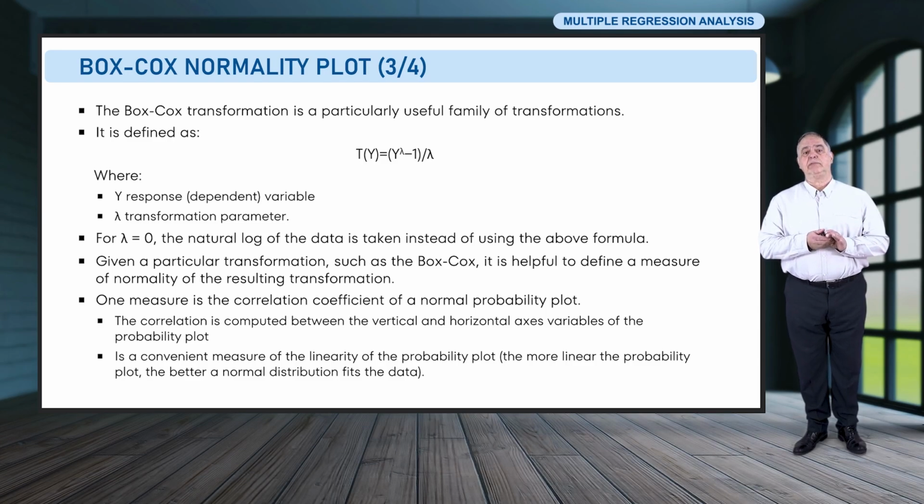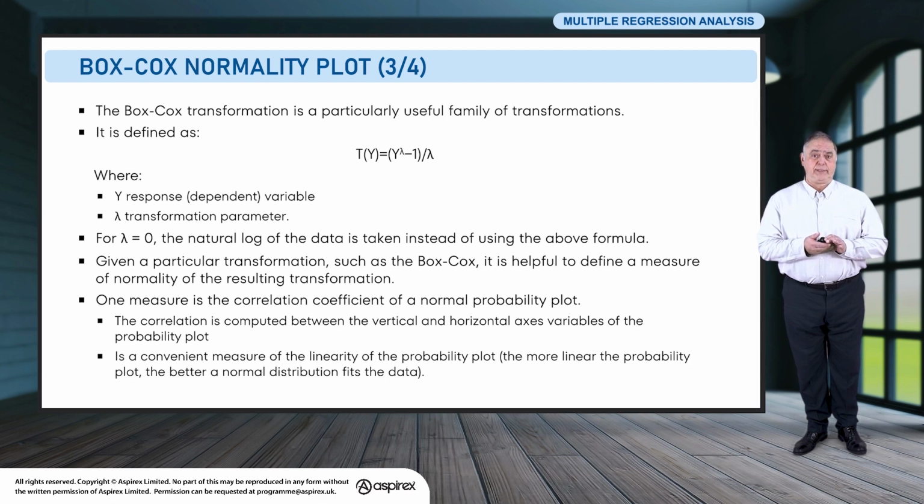So, the Box-Cox data transformation is a particularly useful family of transformations. This means there's not one unique particular transformation. It is a family. Just like with the normal distribution, except for the standard normal distribution, we're always referring to a family of normal distributions that most likely have different means and different standard deviations.